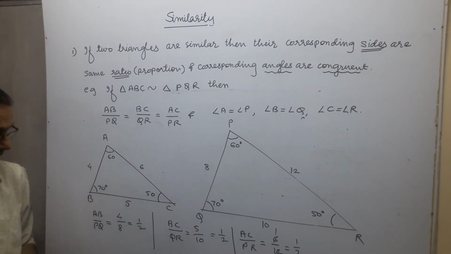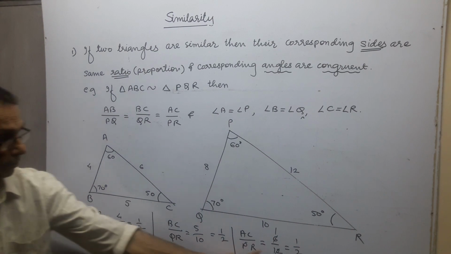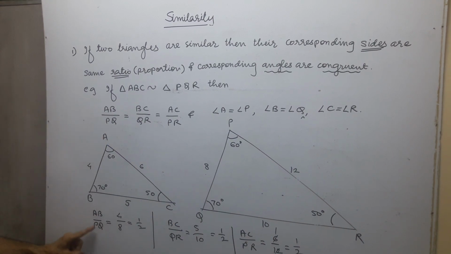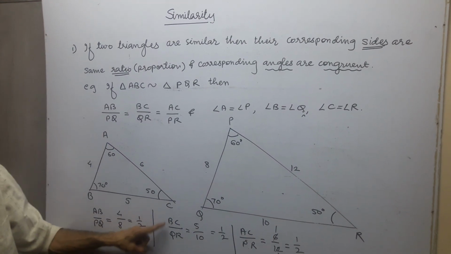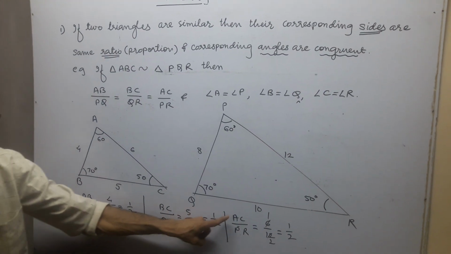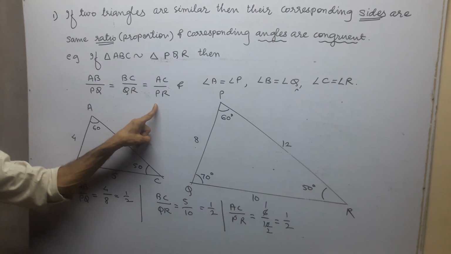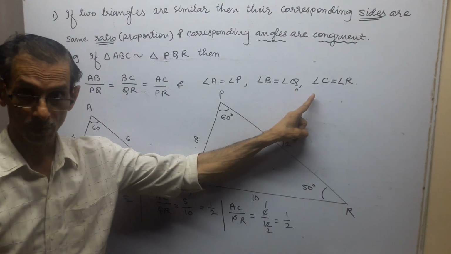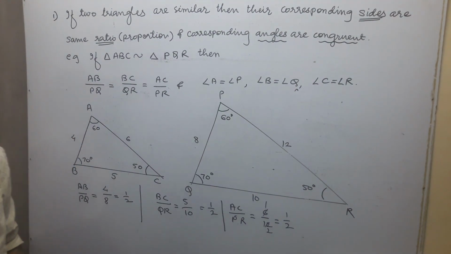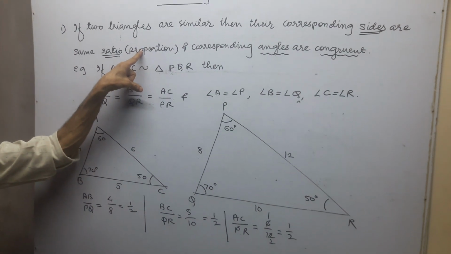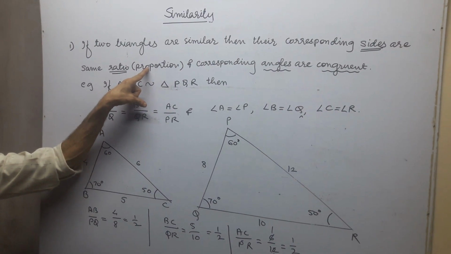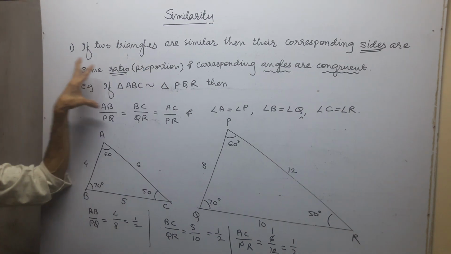So once again we can say that sides are in the same proportion. AB upon PQ is 1 upon 2, BC upon QR also 1 upon 2, and AC upon PR 1 upon 2. So sides are in the same proportion and angles are congruent. The entire chapter is based on this statement. We are going to prove different theorems, but all of these are based on this statement.